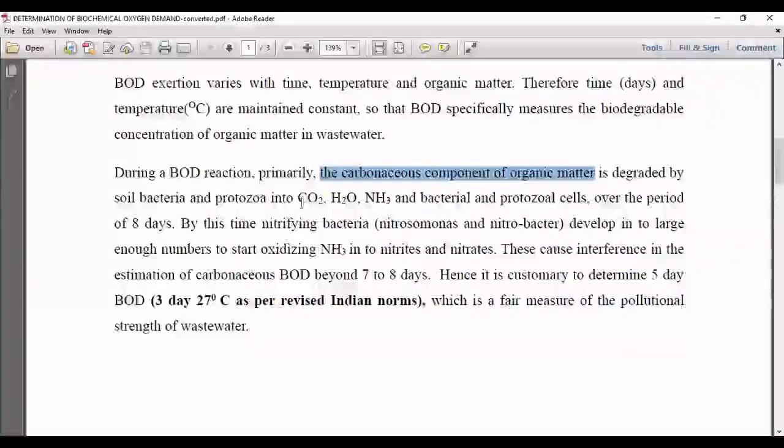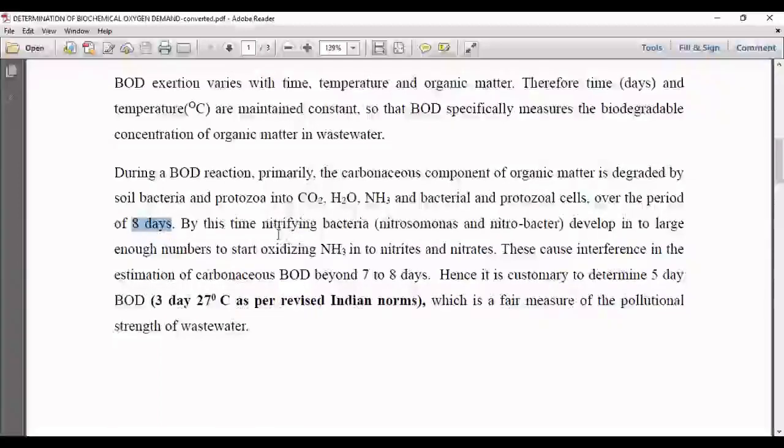The end products are carbon dioxide, water, and NH3, that is ammonia. We also get some bacterial and protozoal cells due to reproduction, and this happens over the first 8 days.